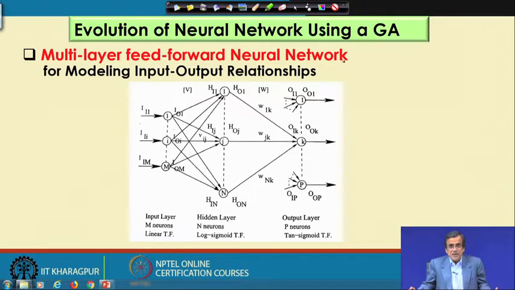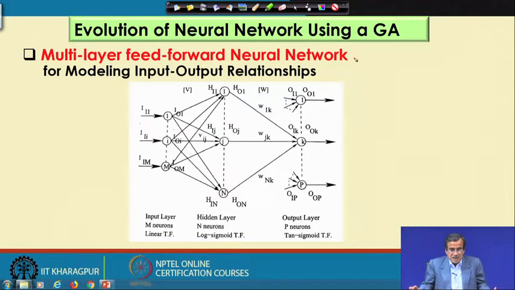As I told, we have other networks like the radial basis function network, the recurrent network, the self organizing map, the back propagation algorithm, and the counter propagation algorithm, but I will be concentrating only on the multi-layered feed forward network. And our aim is to evolve this network so that it can serve some purpose.